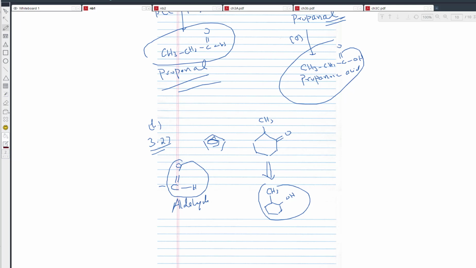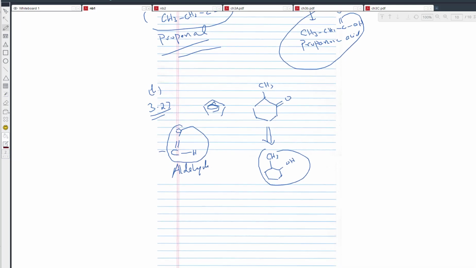For an aldehyde, we would need a primary alcohol. So can you make the structure of that primary alcohol to make this compound? Let me see.